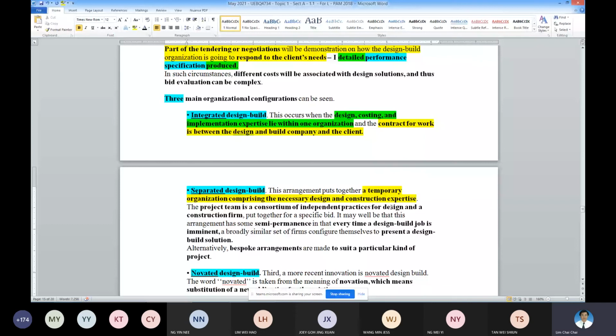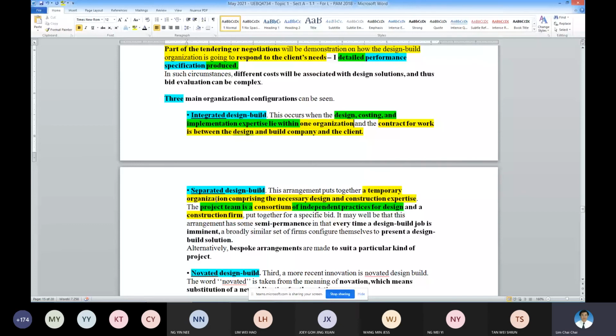So the project team is a concept team of independent design and construction firms. So there are two parties involved: a design firm, one, and a construction firm, another one. They form a consortium. See here the difference? Here, the integrated one is in one organization. Consortium, separate. So A and B are separate. So these are the separate design.